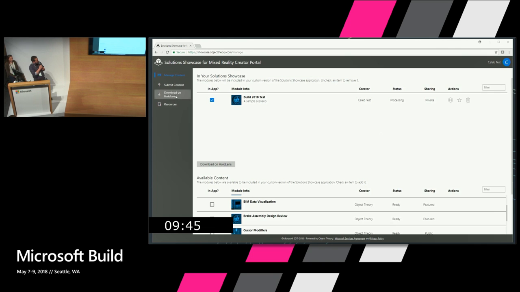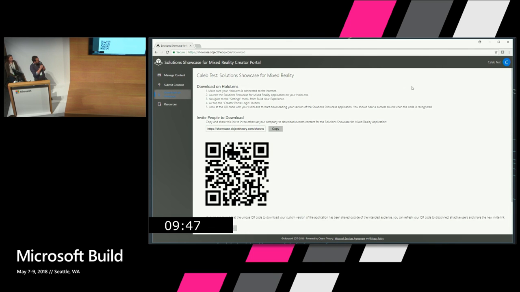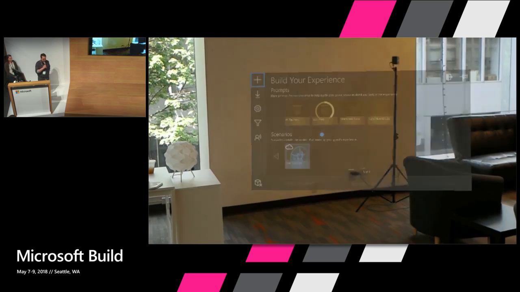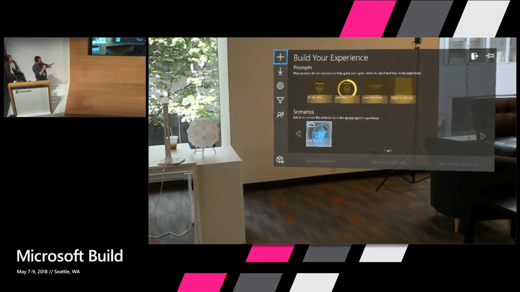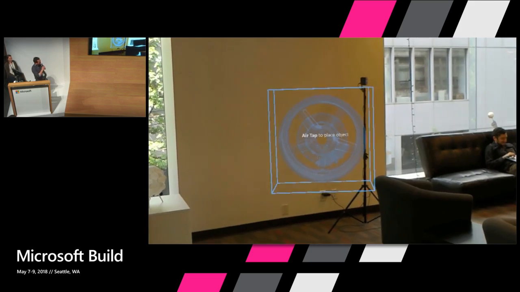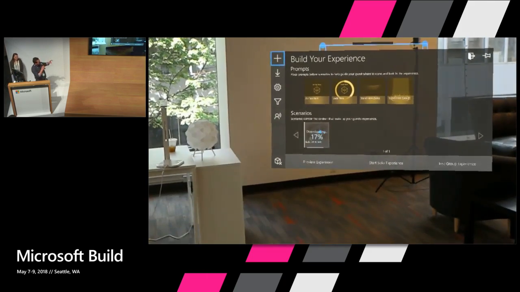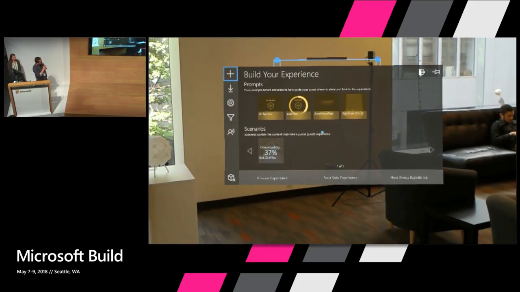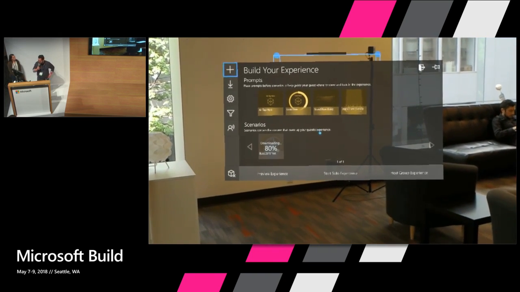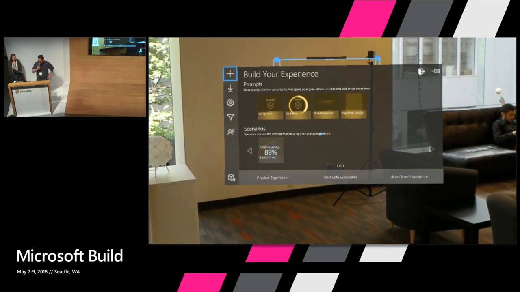We're done. So now we're going to pop over to the running HoloLens application. Unfortunately, I couldn't get a scan of the QR code scanning process because MRC doesn't work while the camera is active. But I logged in, and there was my content, so I started downloading it. And those last few bytes are always excruciating.